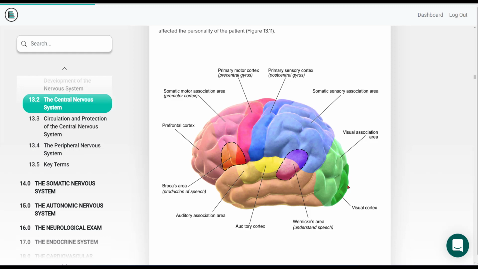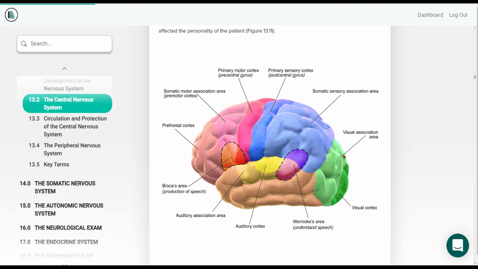But likely what happened is that she broke some blood vessels back here in that fall, and there was a hemorrhage, and the pressure of the blood in the hemorrhage caused this part of the brain to die. There was a lack of blood flow to the occipital areas because she lost brain matter in the visual cortex area. She also lost her vision. So the back of the brain is the area responsible for vision.